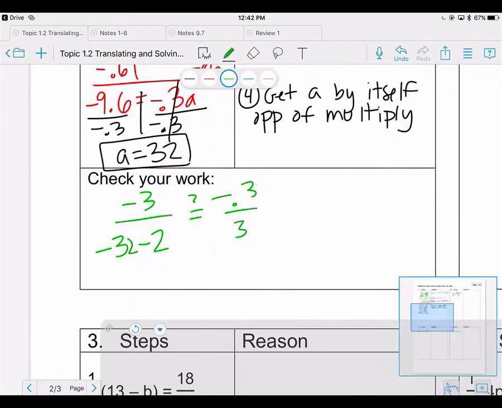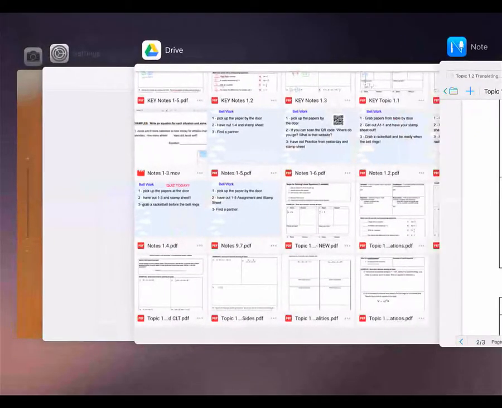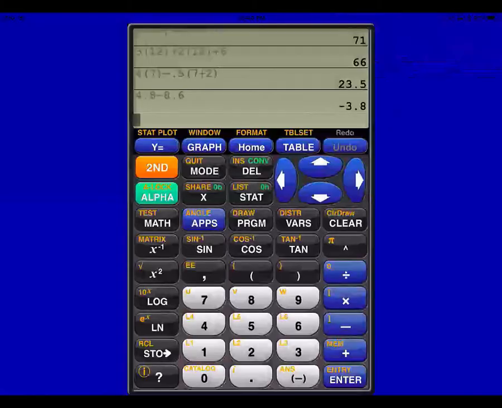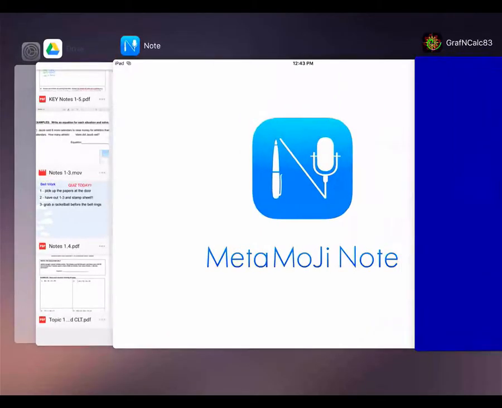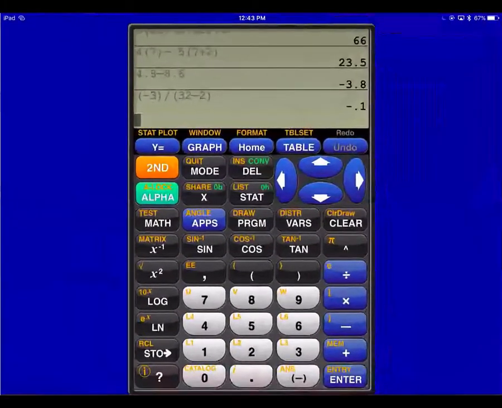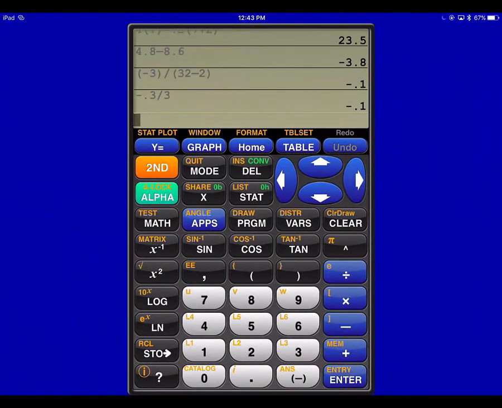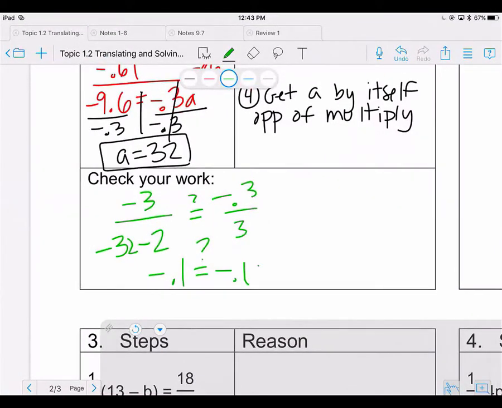So when I type negative 3 divided by 32 minus 2, we get negative 0.1. And then when I take negative 0.3 and divide it by 3, I also get negative 0.1, which means this is true.